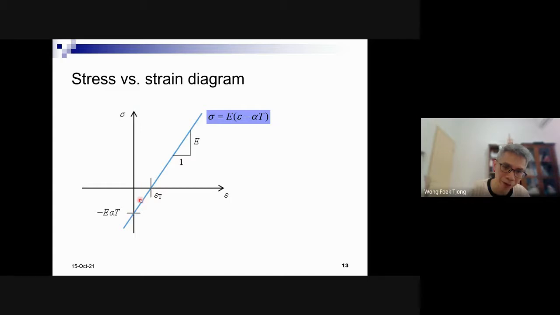Okay, if there is not enough strain, it means if we restrain the bar when it becomes hotter, there will be some negative stress. It means compression, right? Compression. This is tension. This is axial stress, axial strain.